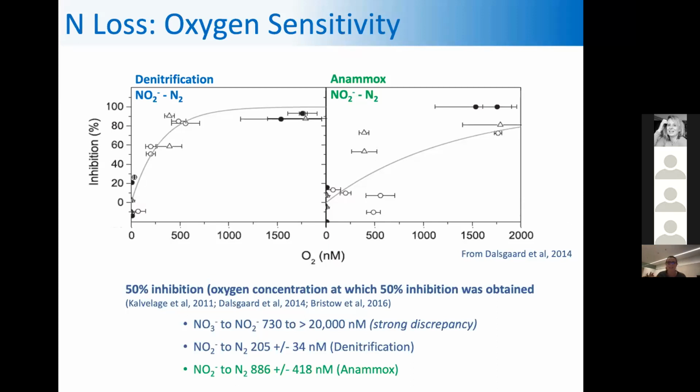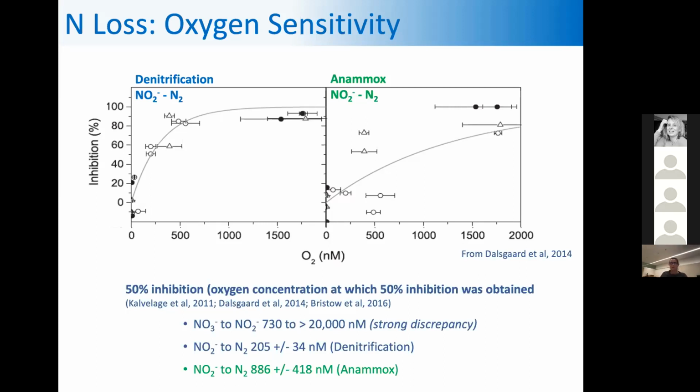And I can't really get into that with the time available today, but I would be happy to talk about it with people, thinking about whether that's driven by particles, different microbial communities, etc. And so then if we look at that 50% inhibition value for denitrification and anammox, we're looking at values of about 200 nanomolar for denitrification and about 900 nanomolar of oxygen for anammox.